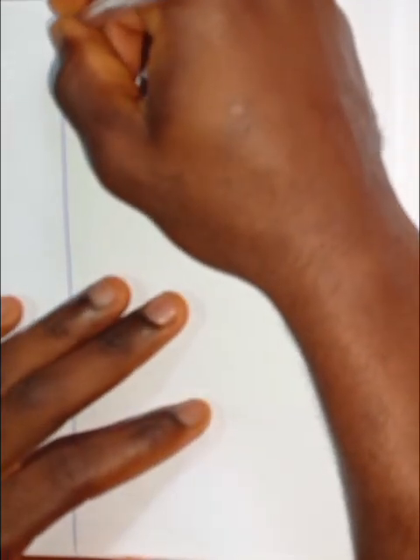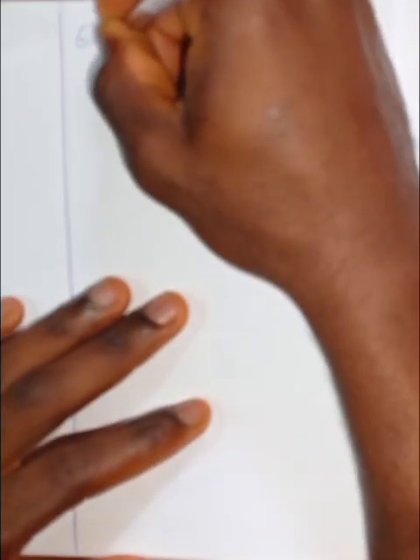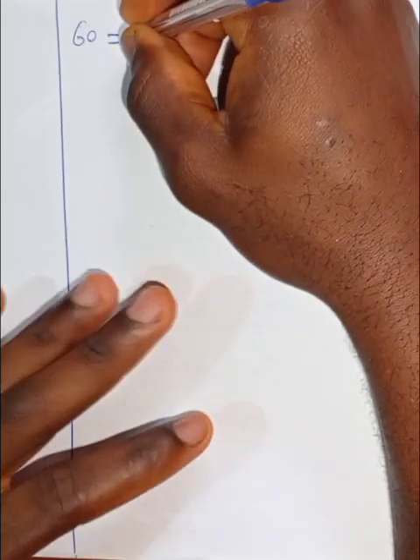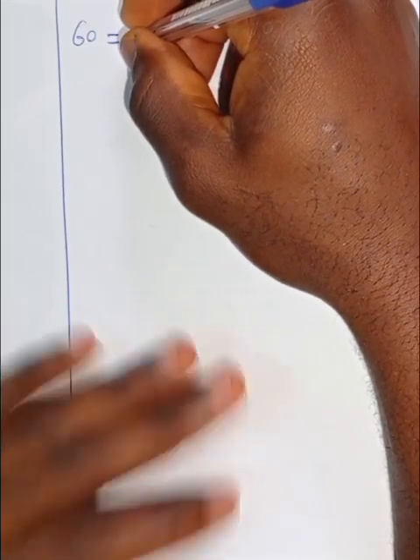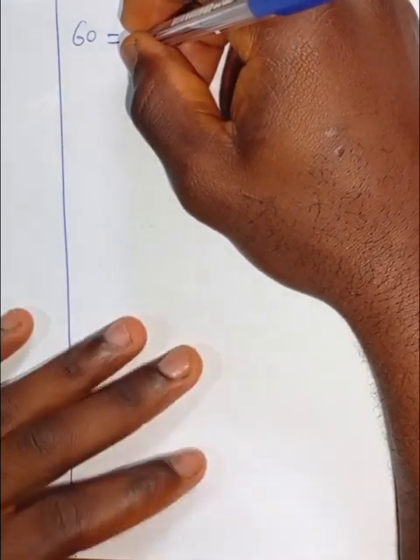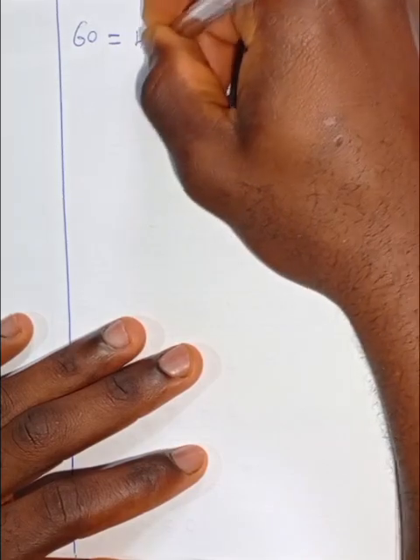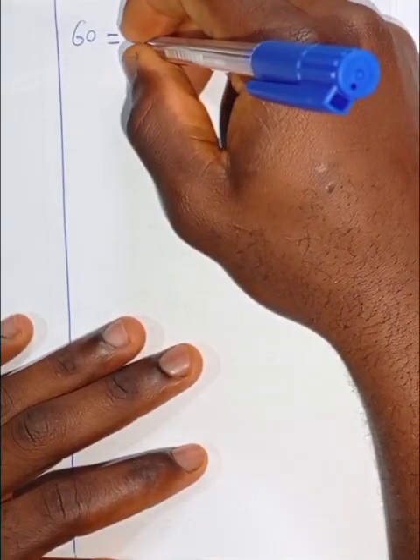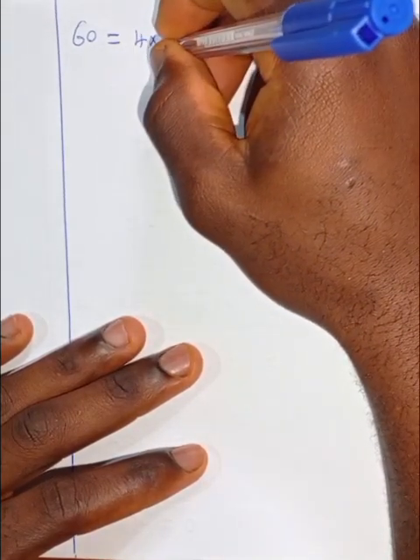Now the next thing we have to do, we have to express the root of 60 in the simplest form, because 60 is not a square number. If we take this 60, we know we can express 60 as the product of a square number and another number. We can write 60 as 4 times 15. 4 is a square number, 15 is not a square number.